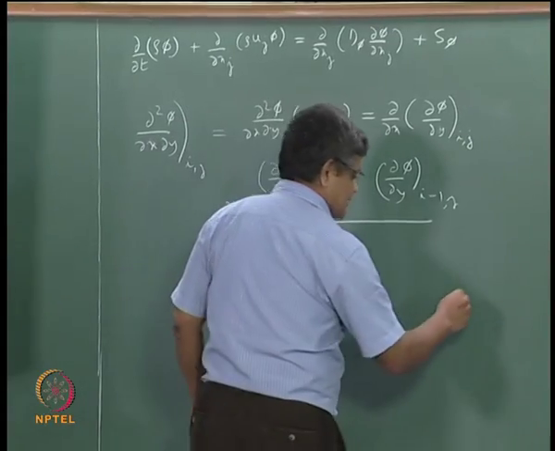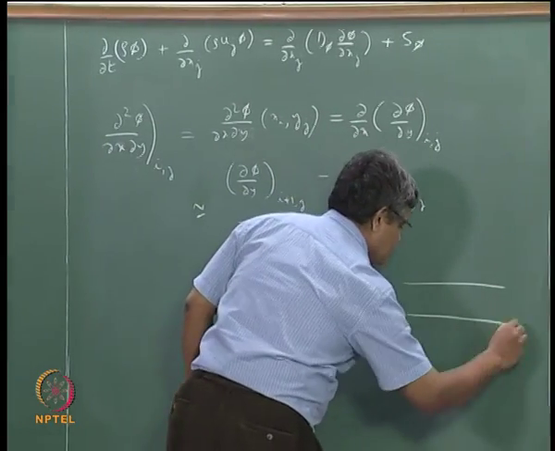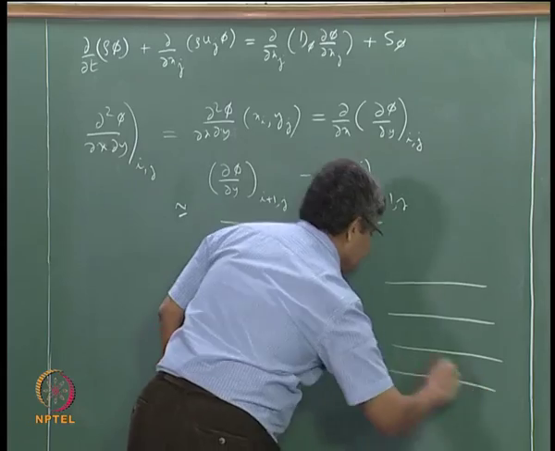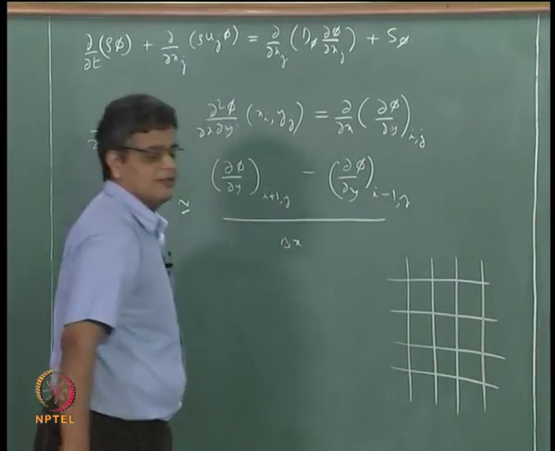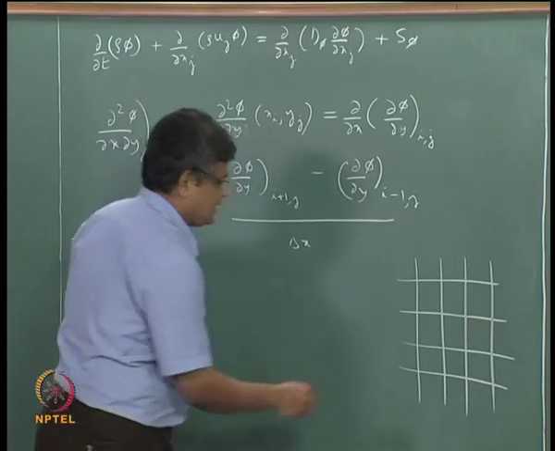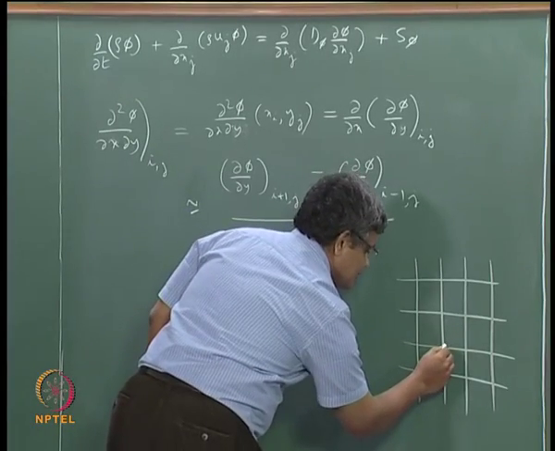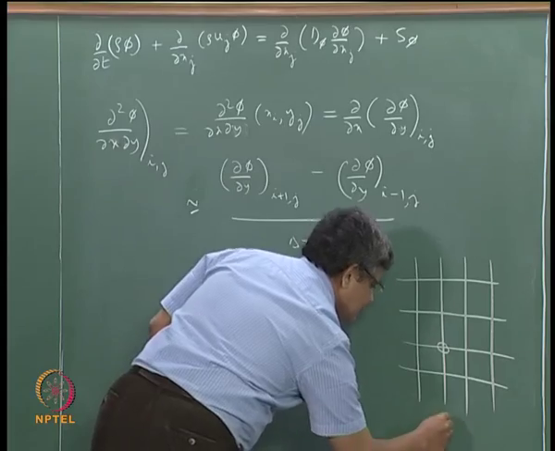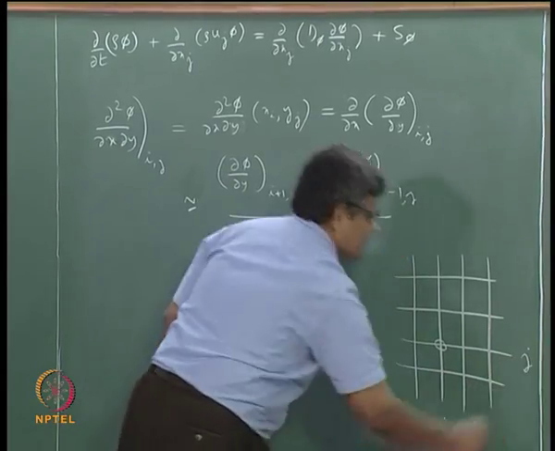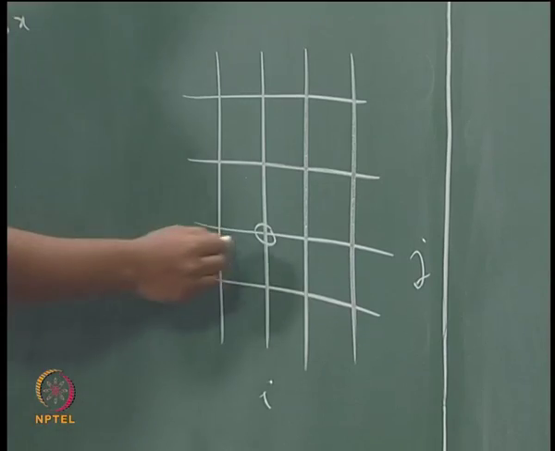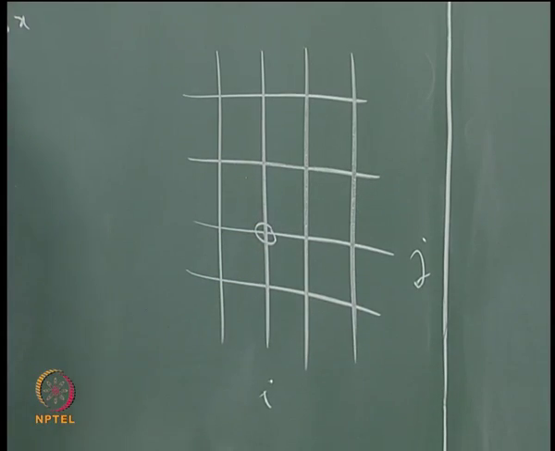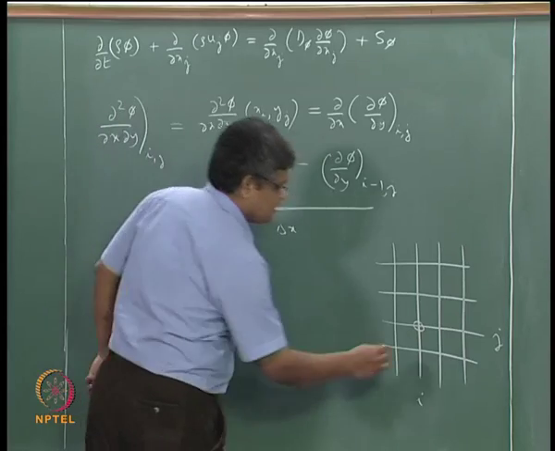So let us just have an idea of what we are talking about here. This is our uniform grid, and let us say that this is our point, this is I here, and this is the jth column. This is our point ij, and we have expressed I plus 1 j here.